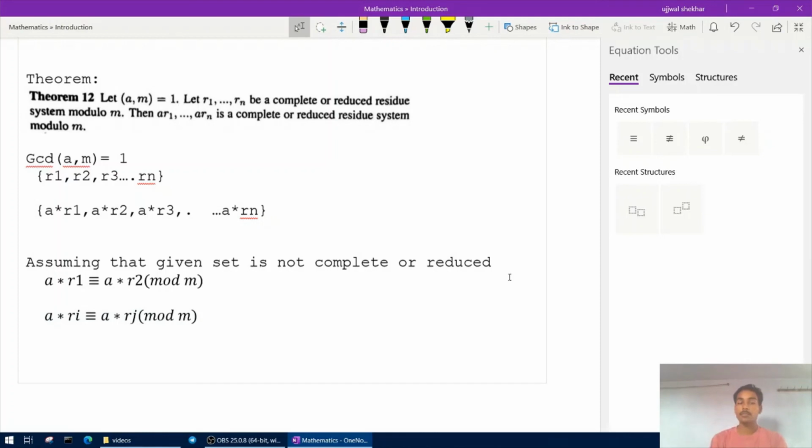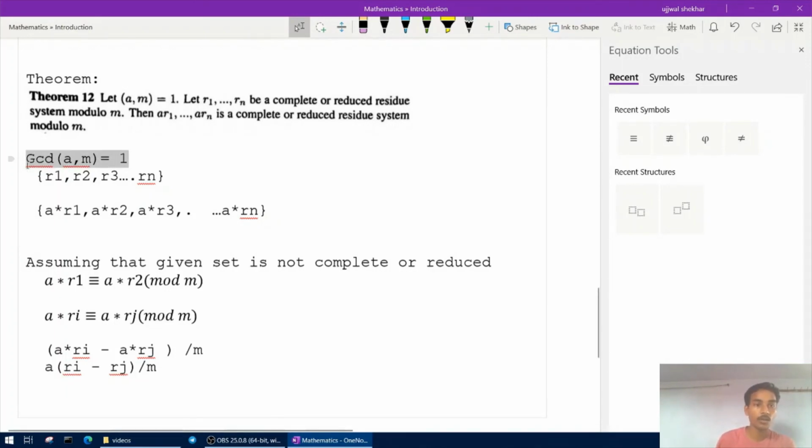So what it says, इसका मतलब क्या है कि हमारा अगर ये एक्सप्रेशन करेक्ट है, इसका मतलब A star Ri minus A star Rj, सो दिस शुड बी डिविजिबल बाय M, राइट। It means that A into Ri minus Rj is divisible by M. So अभी हम लोगों को एक कंडीशन भी दे रखा है, GCD of A, M equals 1.